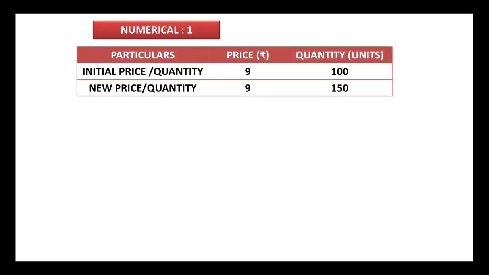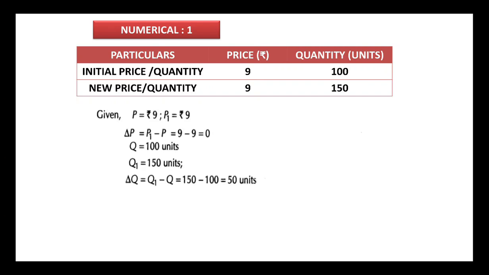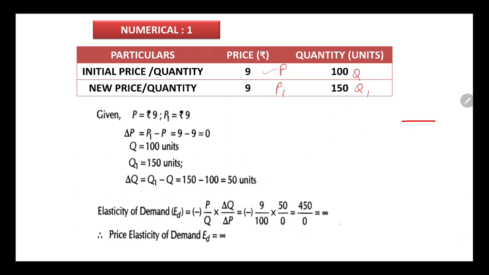Okay, so let us discuss a few numericals over here. This is quite simple. You have been given the initial prices and the quantities. So this is your P, this is your P1, this is your Q, and this is your Q1. Just put them in the formula, right? And always remember, students, that here we are getting the change in price as 0 automatically.